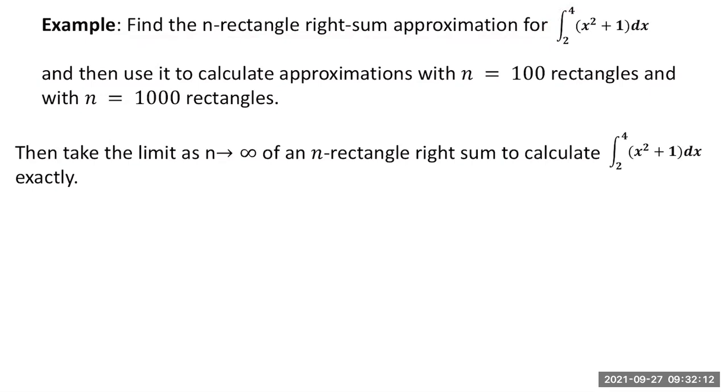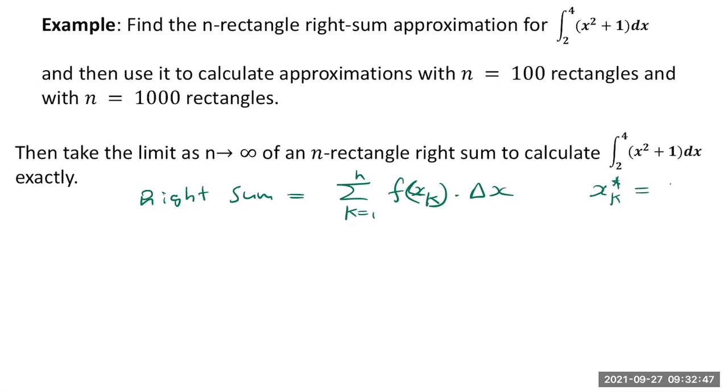First of all, we know that the n rectangle right sum approximation is given by the sum, k goes from 1 to n, of f of xk times delta x. When you take the right sum, your xk star should be xk. In the right sum case, your xk star should be equal to xk.